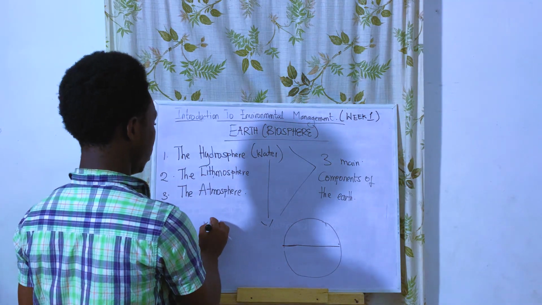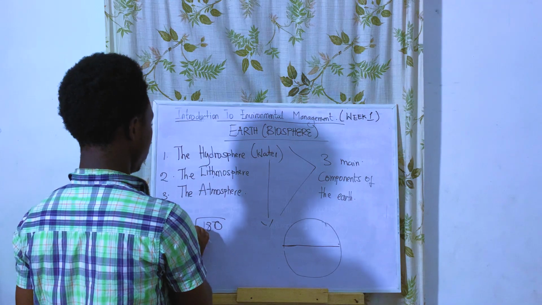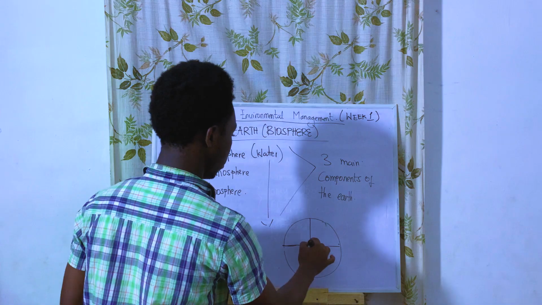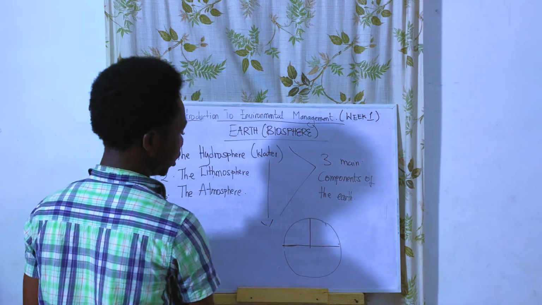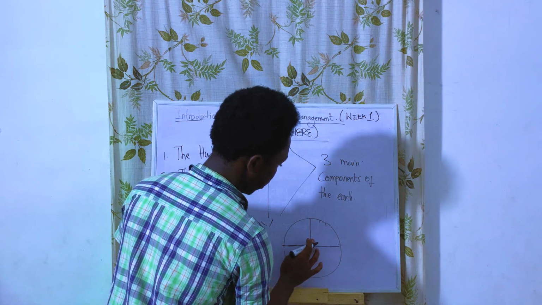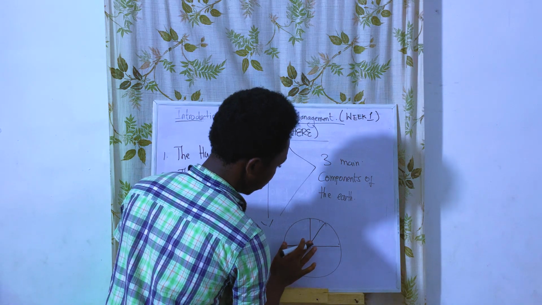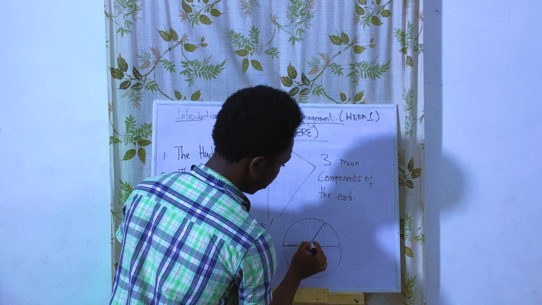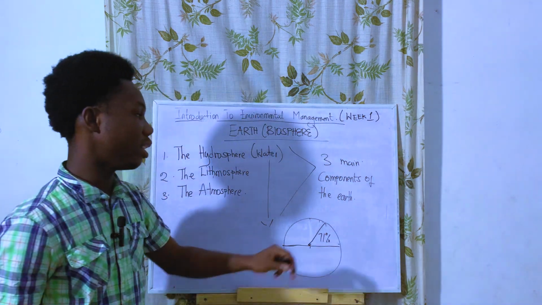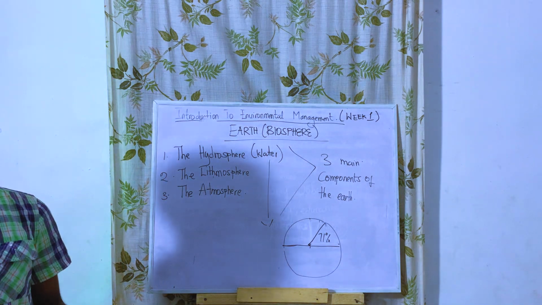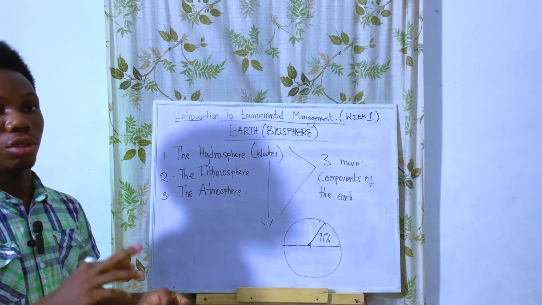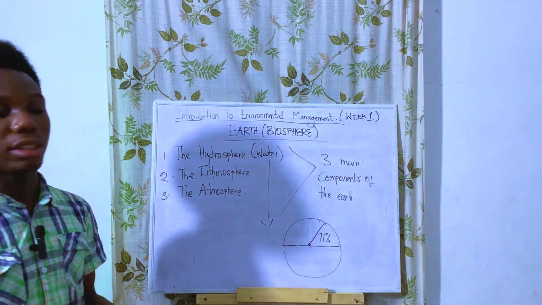So 180 divided by 2, you have 90. So from here to here is 71%. So about 71% of the Earth's surface includes water. So it includes the ocean, the sea, the lakes.